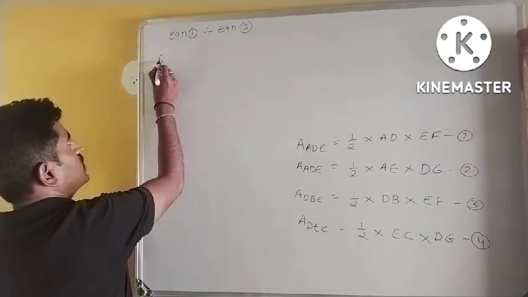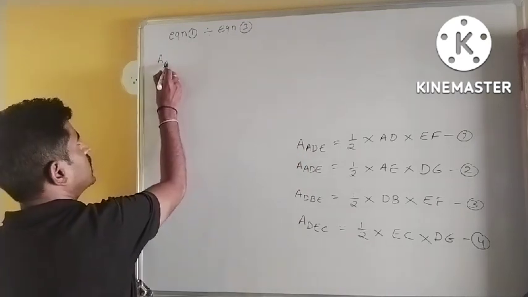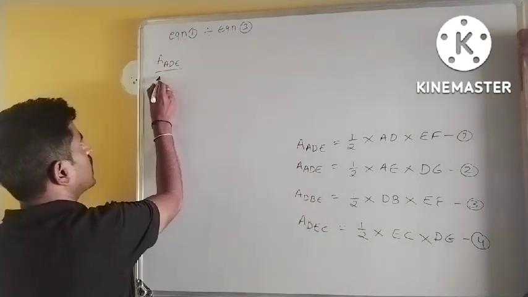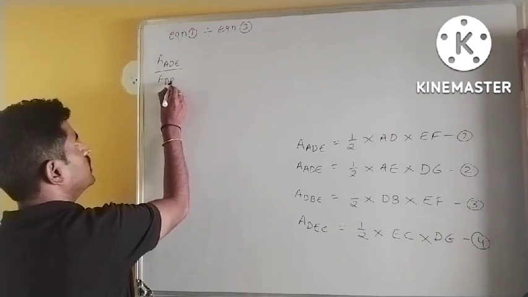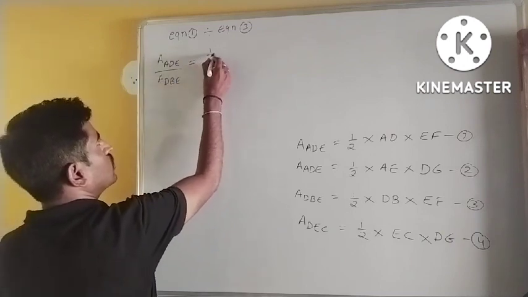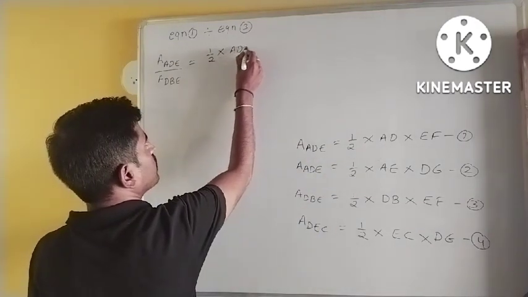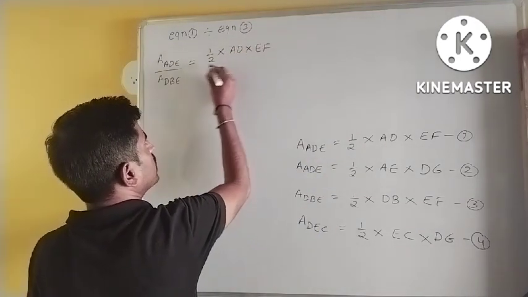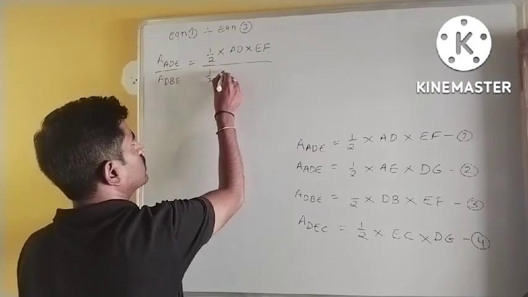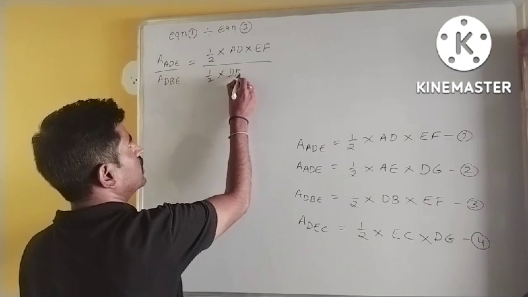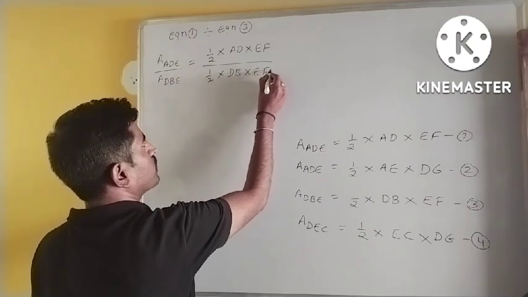So what is equation 1? Area of triangle ADE divided by equation 3, area of triangle DBE, is equal to half into AD into EF divided by half into DB into EF.